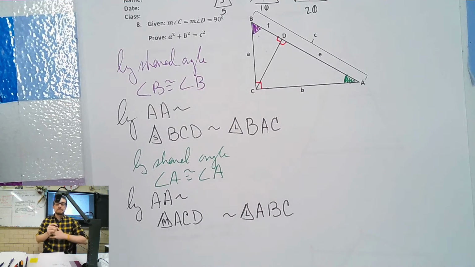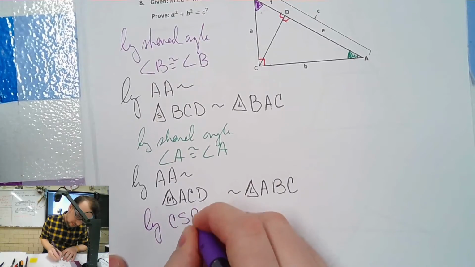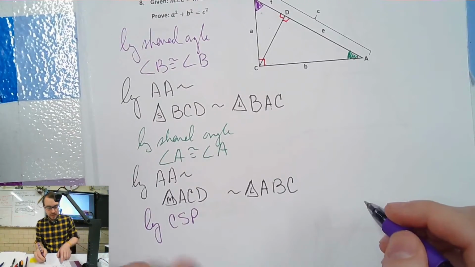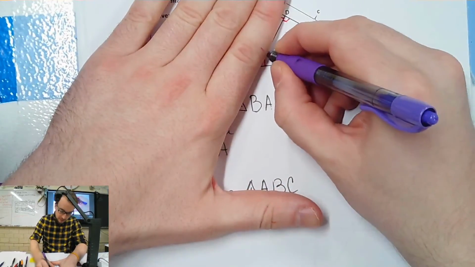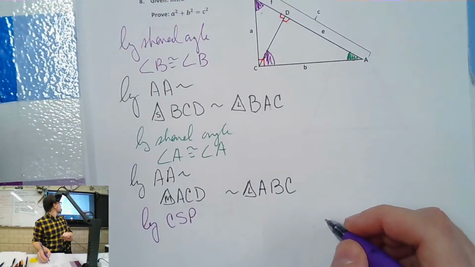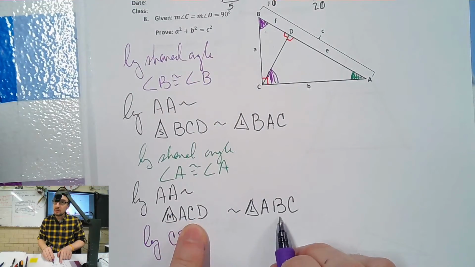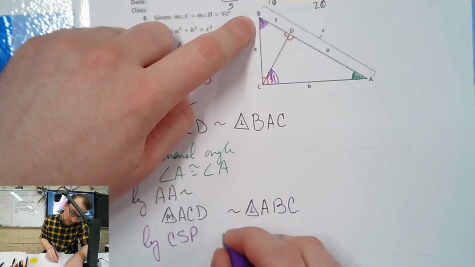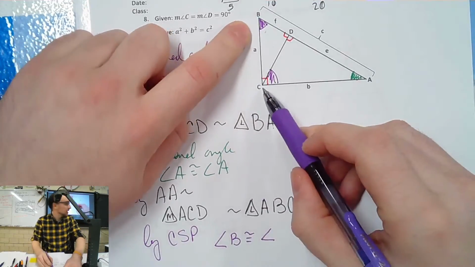All right. Before we go any further, let's match up those purple angles. By CSP, we proved that C on the medium triangle, this angle right here, this much of it, must be the same as B in the other one. See how C and D go together? Now we can't call them C and D because there are multiple angles here. I can call this one B. What am I going to call angle C down here?